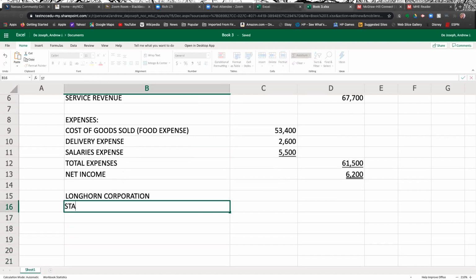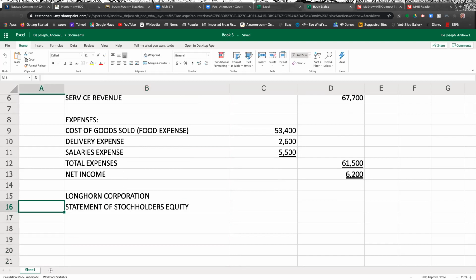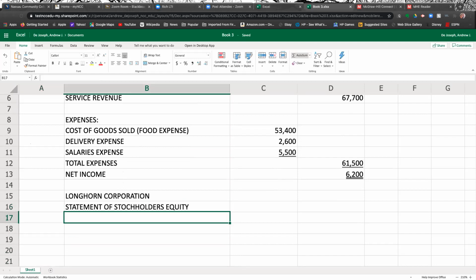Okay, statement of stockholders' equity. Oh, I spelled stockholders wrong. I'll just leave it. I don't want to waste a lot of time.